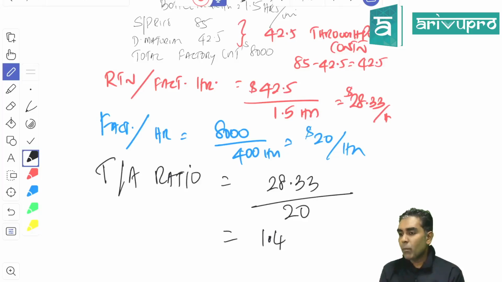Second step, calculate throughput contribution per bottleneck resource.